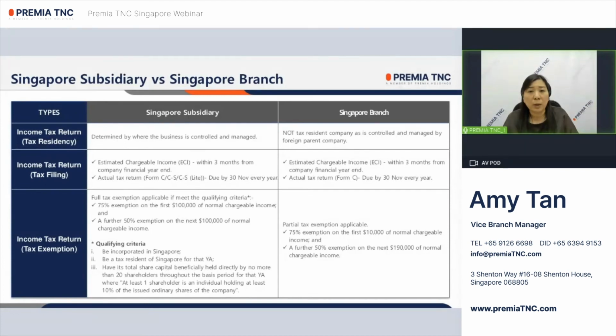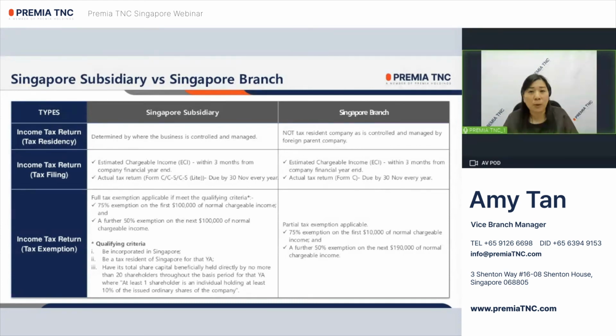The qualifying criteria refer to be incorporated in Singapore, be a tax resident of Singapore for that YA, have its total share capital beneficially held directly by no more than 20 shareholders throughout the basis period for that YA, where at least one shareholder is an individual holding at least 10% of the issued ordinary shares of the company.